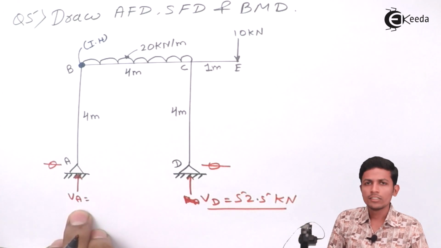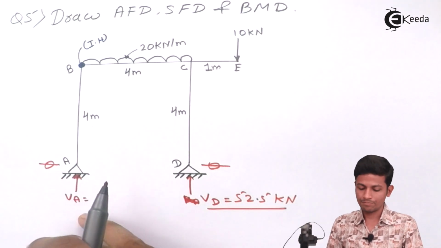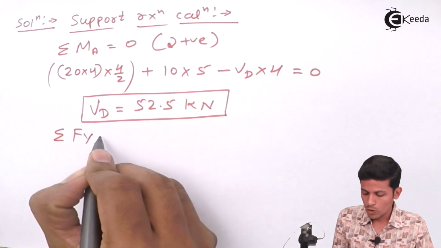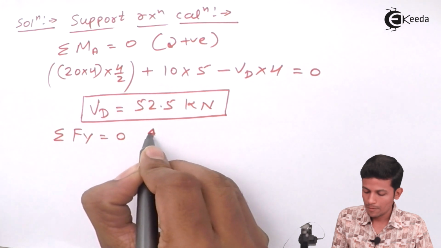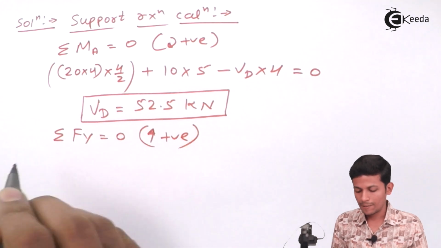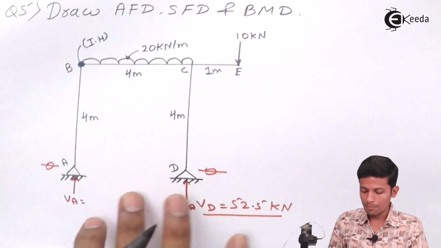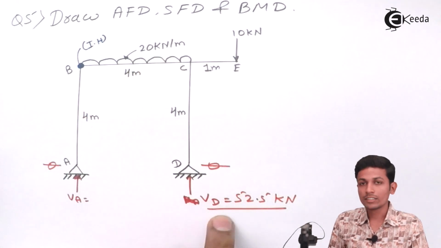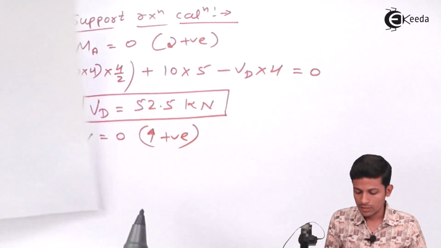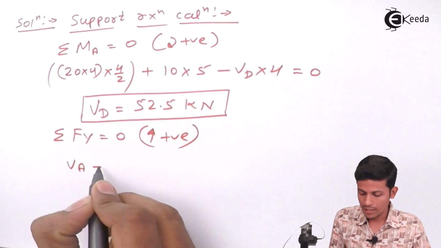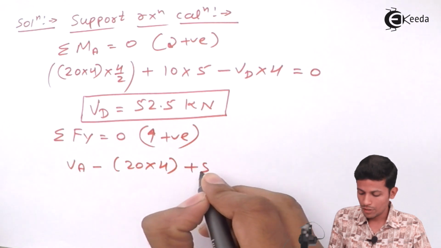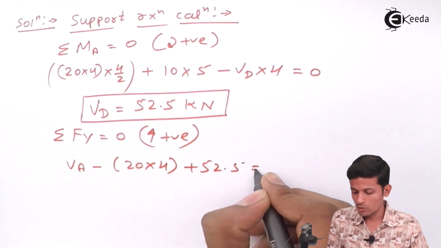Now let's see. To find VA, simply apply summation Fy equal to 0, upward positive. See, this is going up, so VA is positive, 20 into 4 negative, plus 52.5. So VA minus 20 into 4 plus 52.5 is equal to 0.